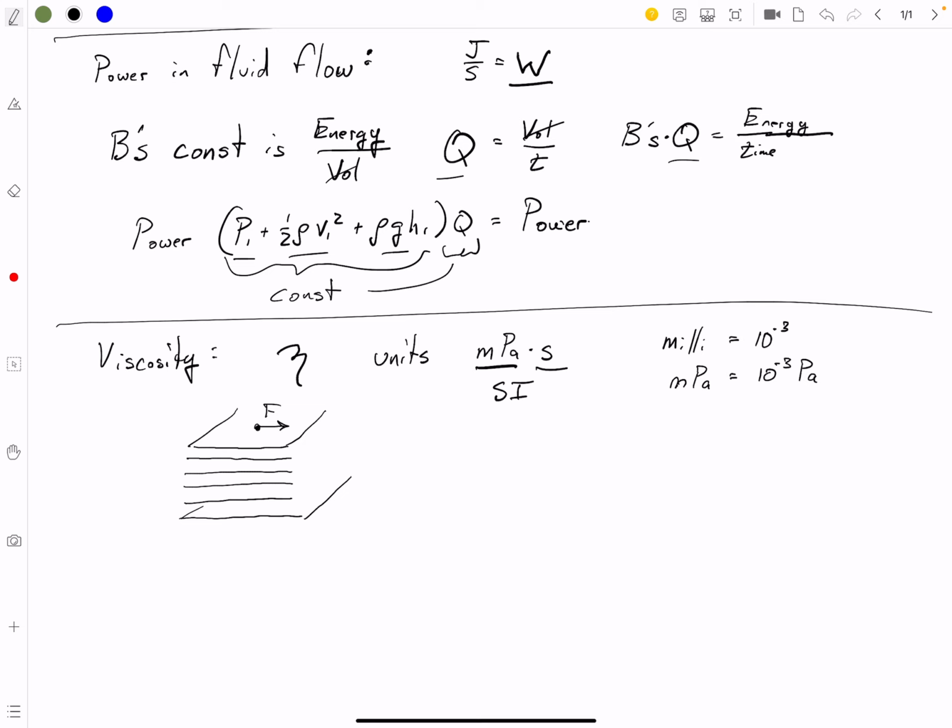All right, so in between are layers, and I've just drawn them as layers so that it's not all one big fluid, but layers of fluid.